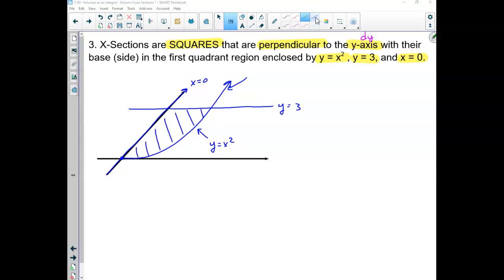What we have is cross-sections that are squares, and they are perpendicular to the y-axis. Well, what does that mean? That means here is my square.